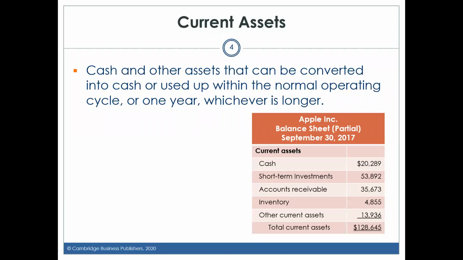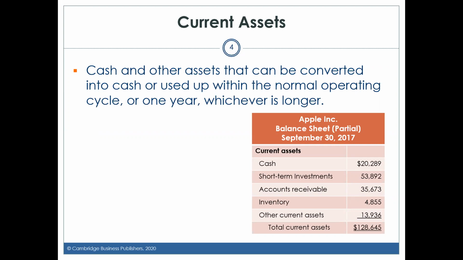Technically, GAAP requires the phrase within the normal operating cycle or 1 year, whichever is longer, but most companies' normal operating cycle is less than a year. So a year is usually the longer of the two things, and so we'll just use a year.